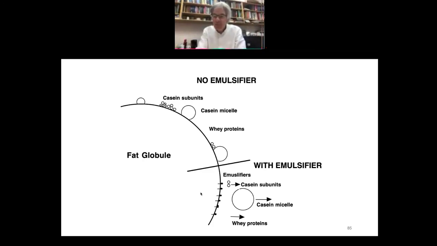So that's really the primary goal of the emulsifier in an ice cream system, to displace protein, give us a thin interface which is stable quiescently, but will destabilize under the agitation and coalescence that we get during whipping and agitation in an ice cream freezer.